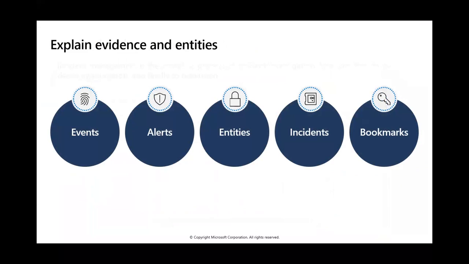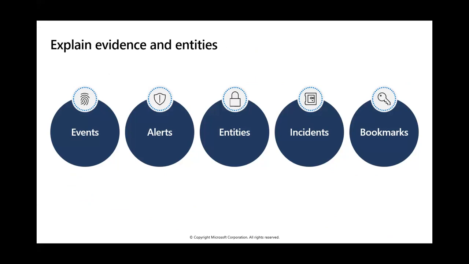And the elements that we can see here include, for example, events, alerts, entities, incidents, and bookmarks. Events link us back to one or more events from the log analytics workspace associated with Sentinel. We can use events to understand the scope and the frequency of the incident before investigating further.